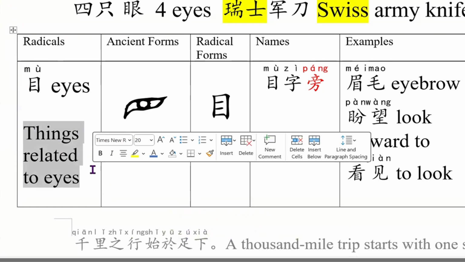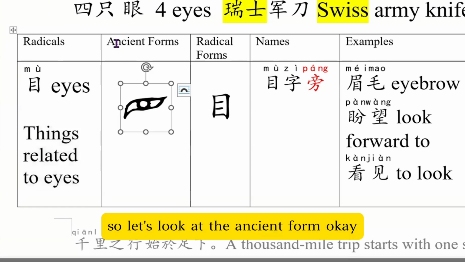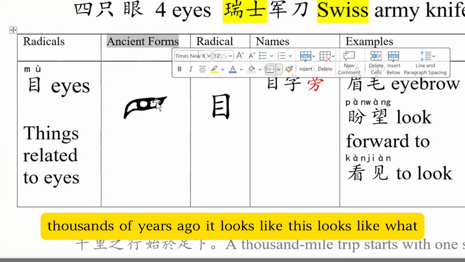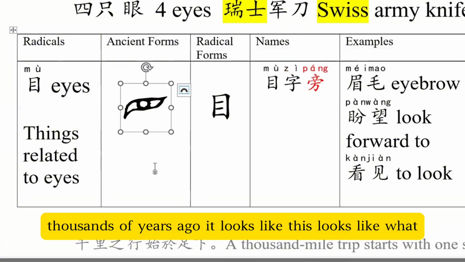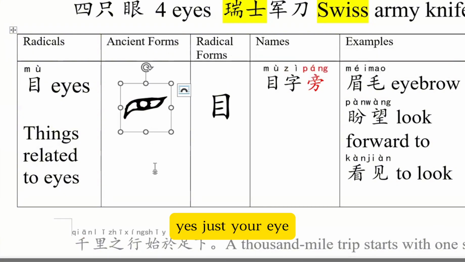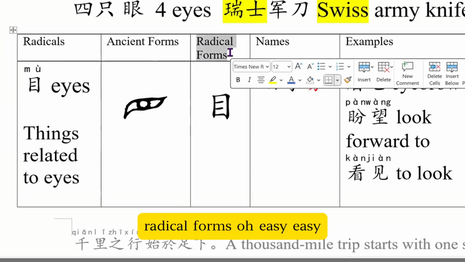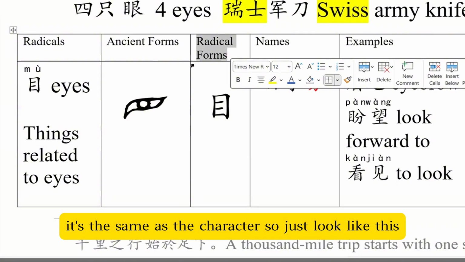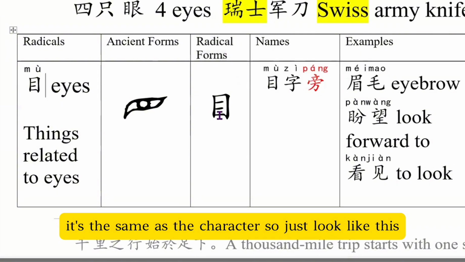Makes sense, right? So let's look at the ancient form. Okay, thousands of years ago, it looks like this. Looks like what? Yes, just your eye, one eye. Okay, so and then the radical form. Oh, easy. It's the same as the character, so it just look like this.